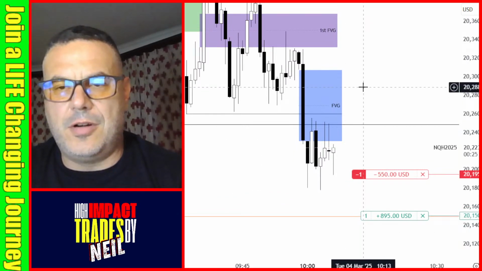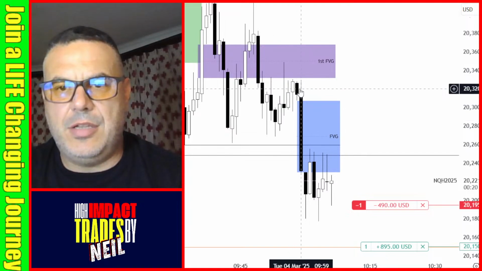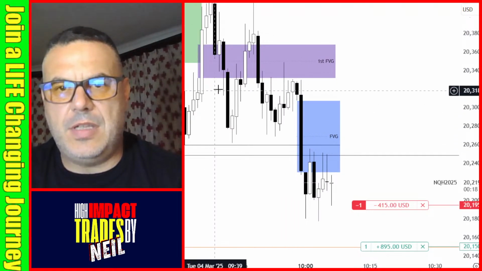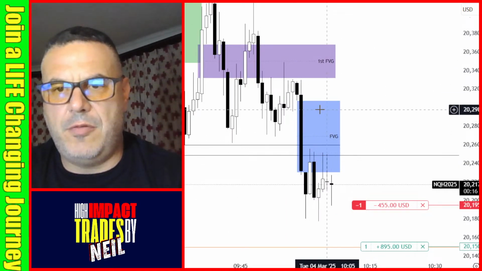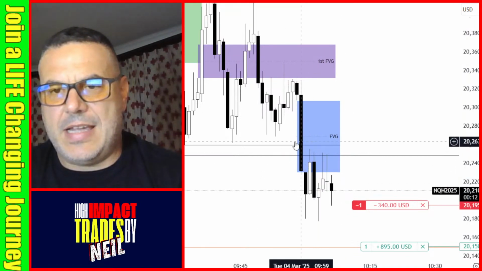Right guys, so far there was nothing A plus here today still. I mean, you get this breakout through this first 15 with a fair value gap, which is perfect. No real test back into there.